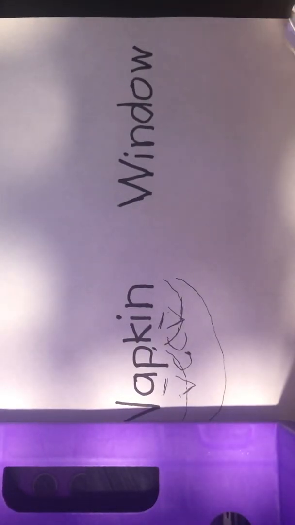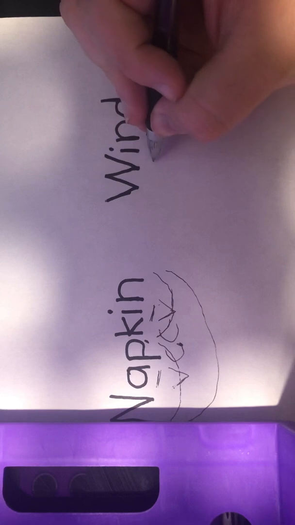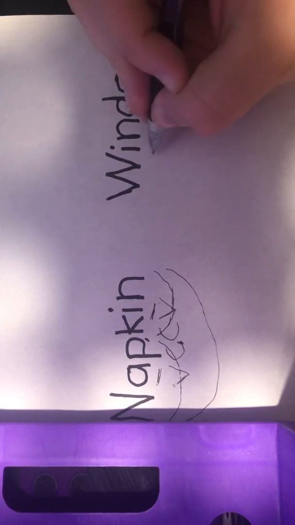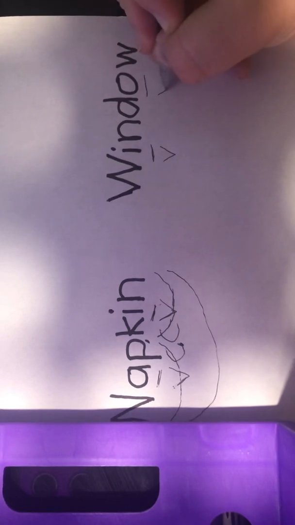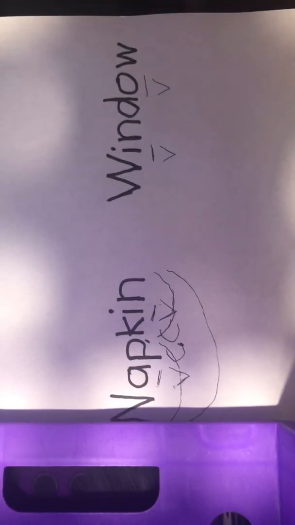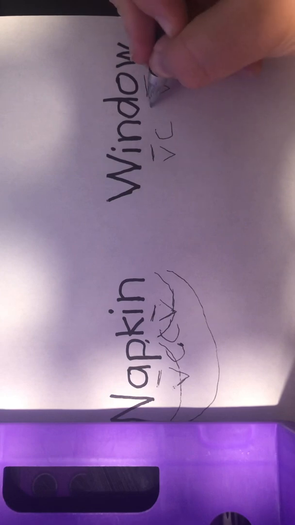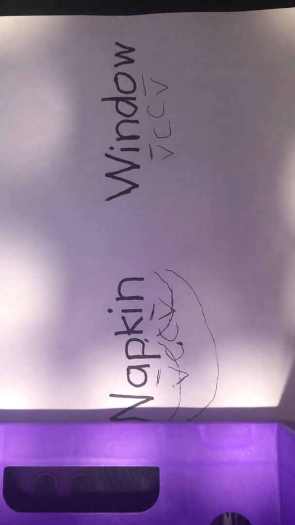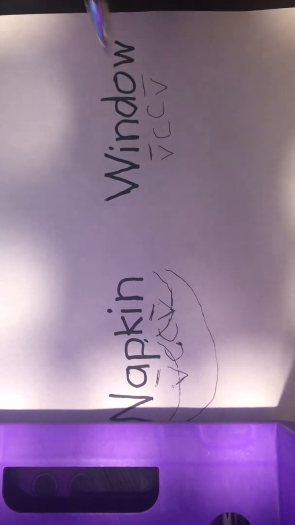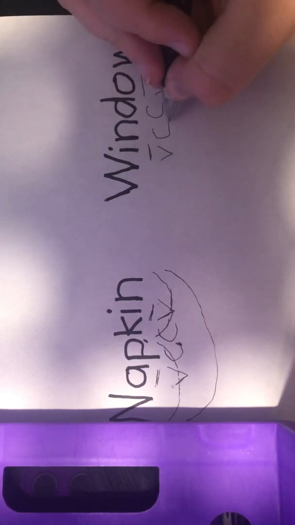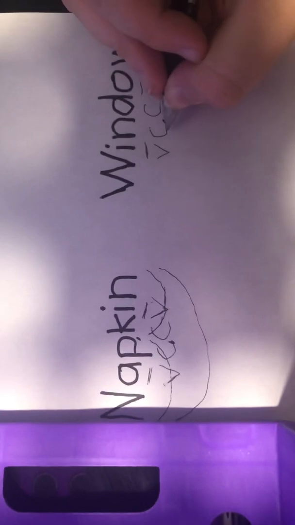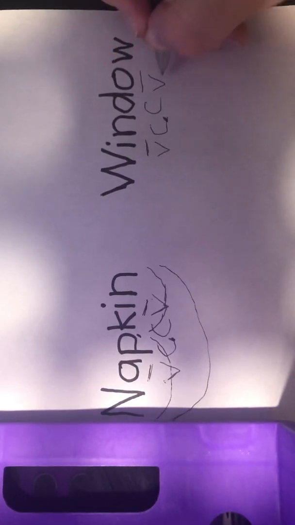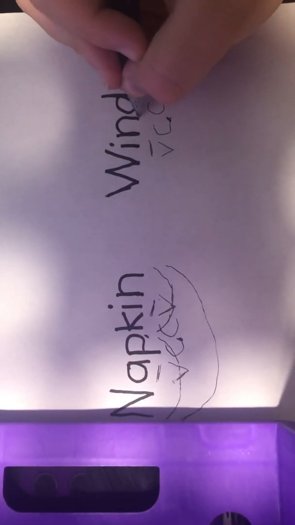Our last example, we're going to label our vowels. I see two of them. And I notice that once again, there's going to be two letters in between. We know that sharing is caring. So each vowel is going to get a letter. One for here and one for here.